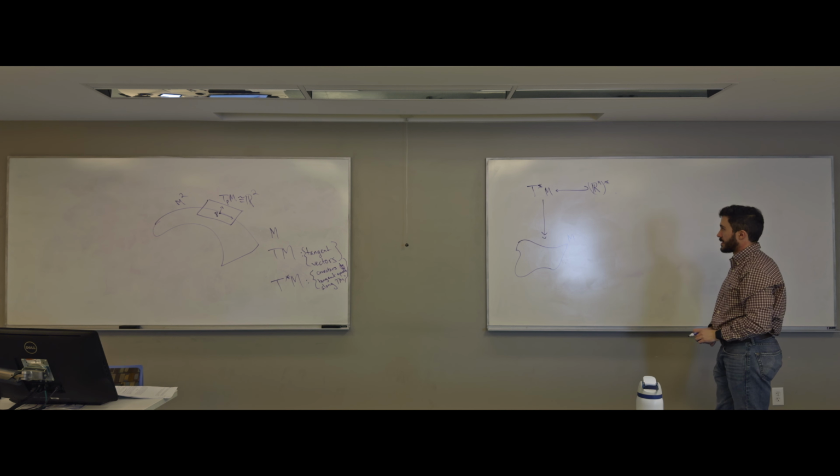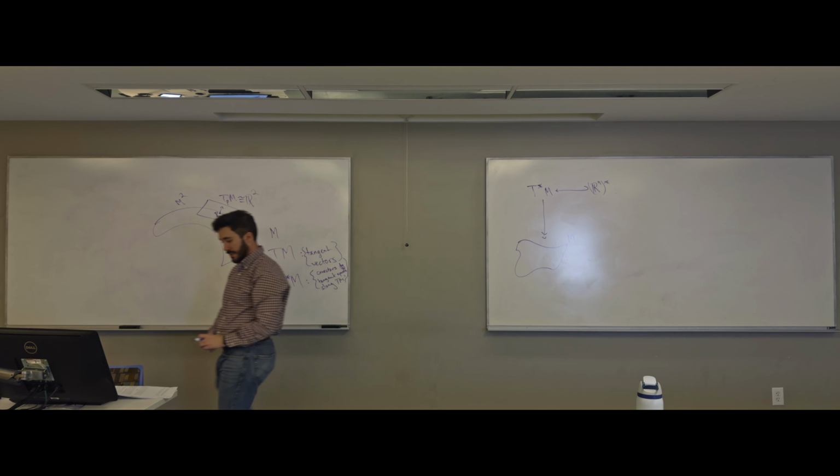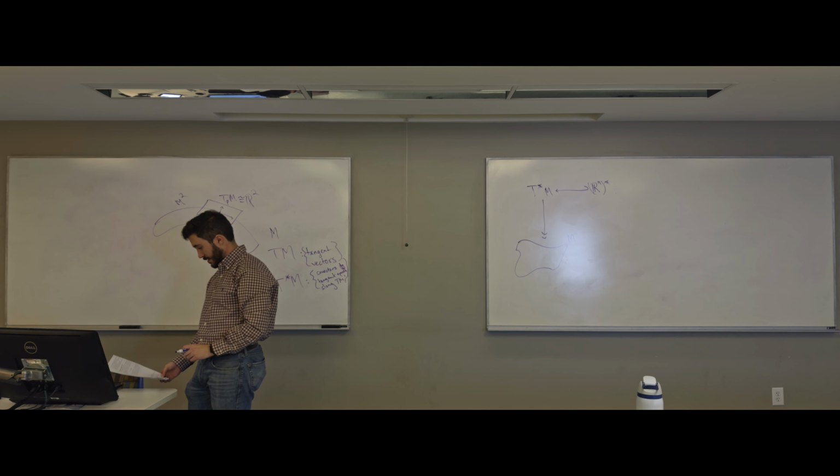So whereas your tangent spaces were R^n, your cotangent spaces are going to be R^n dual. It's nothing fancier than that. And then you just glue them in such a way that you get an isomorphic bundle to your tangent bundle.